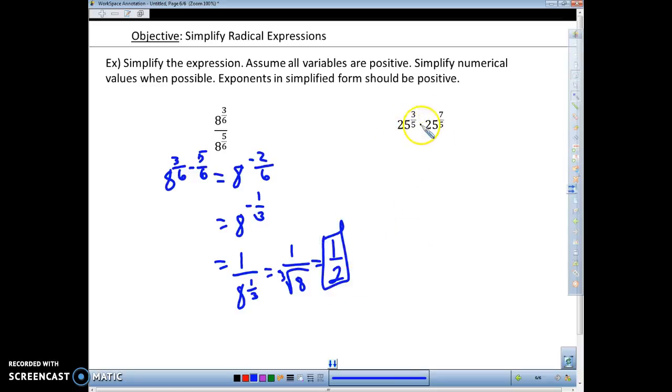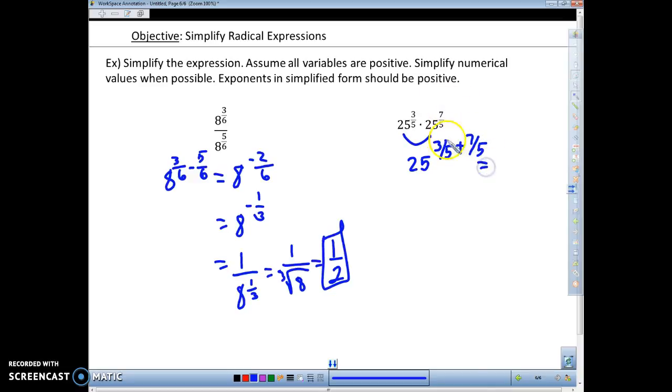Next example, I have 25 to the 3/5 power times 25 to the 7/5 power. So instead of doing all this and computing these values, I see I have the same base. So what I'm going to do is I'm going to take 25 and I'm going to add these fractions. It still works too. If they were whole numbers, you would add them, right?